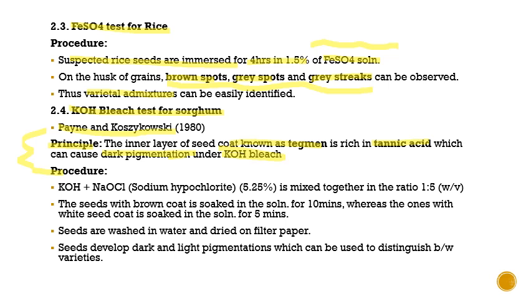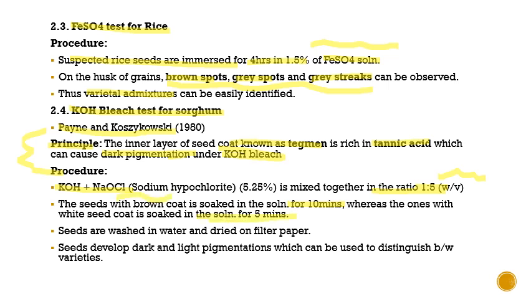And coming to the procedure, KOH plus NaOCl, that is sodium hypochlorite 5.25%, is mixed together in the ratio 1:5 in weight to volume. Again, the seeds with the brown coat are soaked in the solution for 10 minutes, whereas the ones with the white seed coat are soaked for 5 minutes.